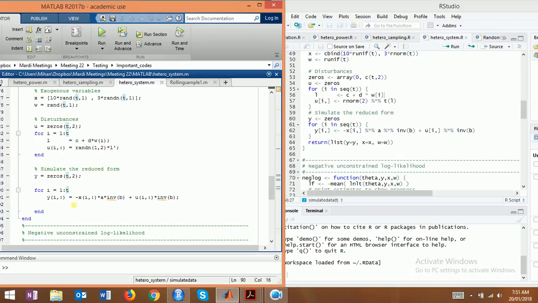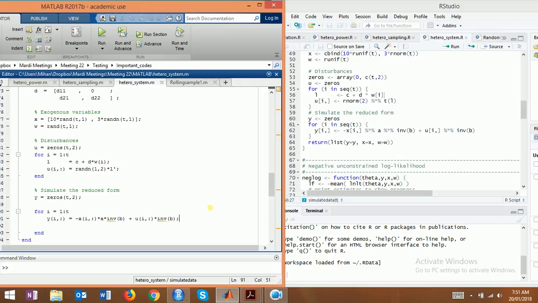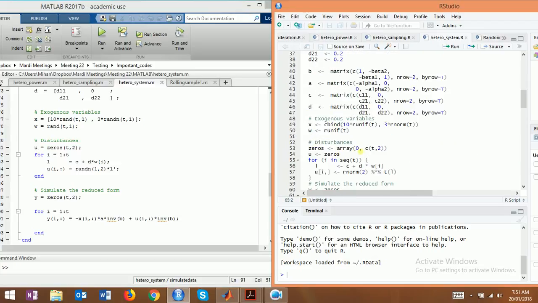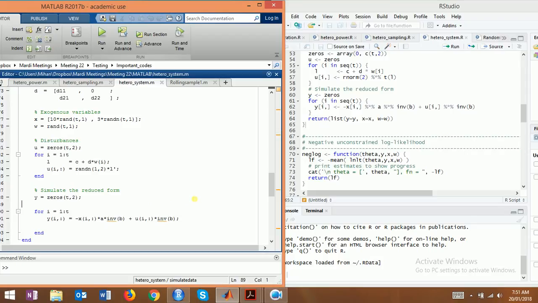So this is the reduced form approach. Y equals minus x by b plus u by b. So this is it. A bit tricky, a bit difficult, but important to remember. So return L, Y, X, all these are returned from these 2 simulations.